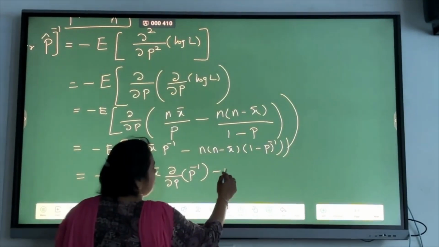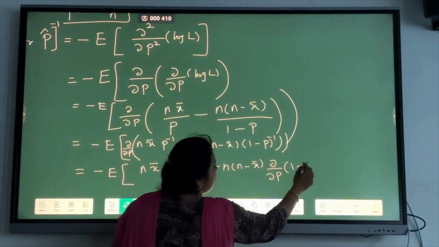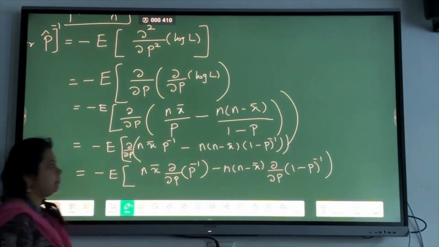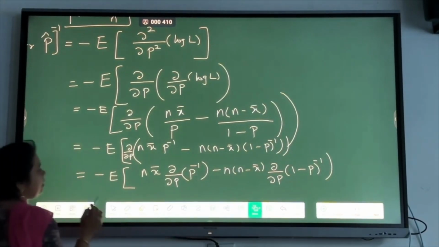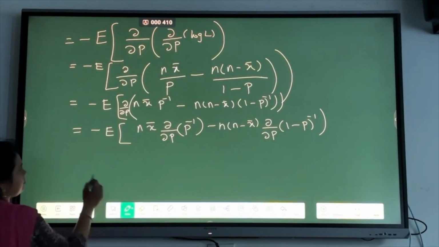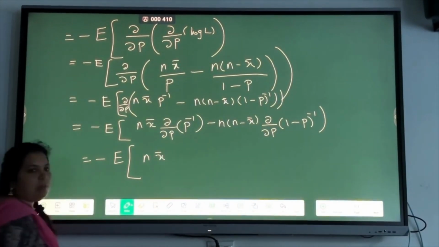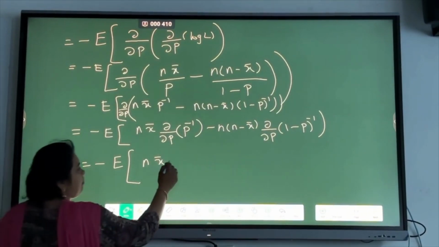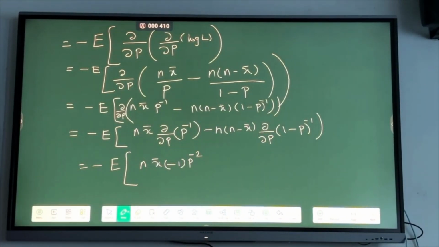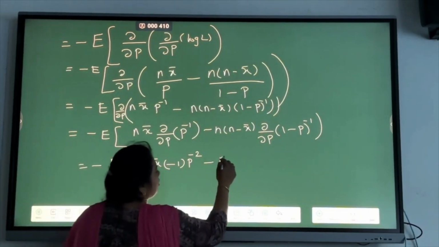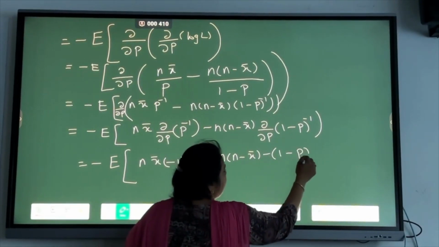And minus n into n minus x bar dou by dou P of 1 minus P to the power minus 1. So you get minus E n x bar, differentiation of P to the power minus 1 is minus 1 P to the power minus 2, and for the other term, n into n minus x bar minus 1 minus P to the power minus 2.